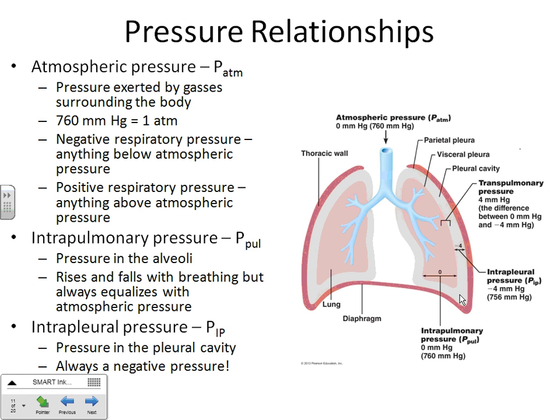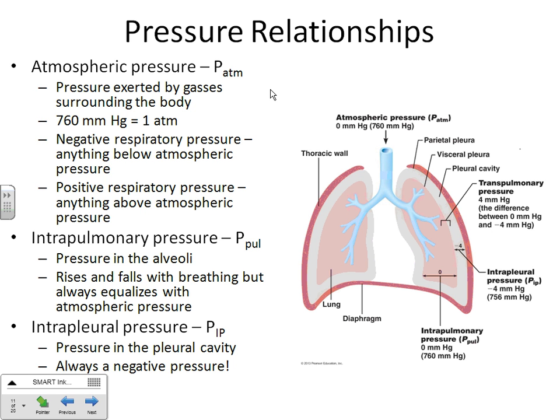So even though some of you are probably starting to think that this is starting to sound complicated, it's really not. We're only going to be looking at how one of these changes. We're just going to understand atmospheric pressure is what it is. It can't change. Intrapleural pressure may change some, but it just has to stay negative. We're going to look at how things change on the inside of the lungs.